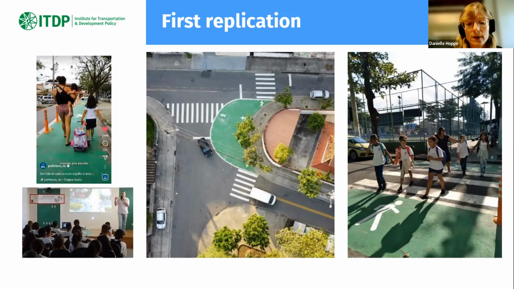As we implemented it in December, the summer vacations came and the schools were closed between January and February. In March they decided they were doing the first replication, so the team was very focused on that. So we never managed to go back and do the post assessment.